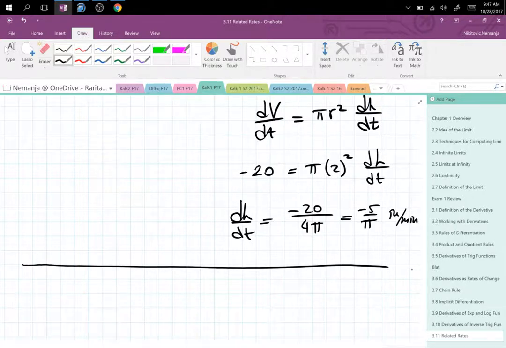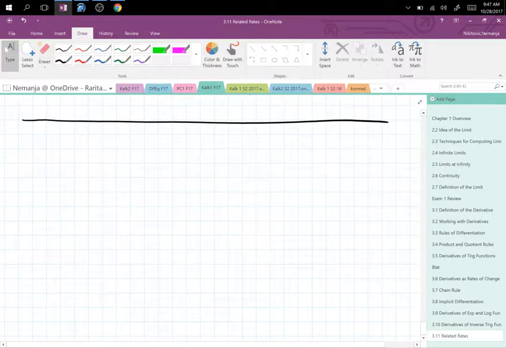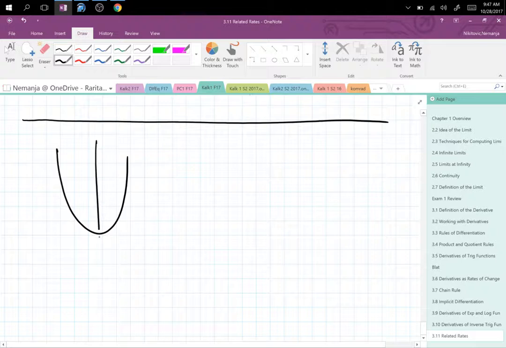Now, I will work out the bug on a parabola, and you can work out the other bug on a parabola because that one has a solution, so you can check. So it says a bug on a parabola, y equals x squared. Well, this is your parabola, x squared.